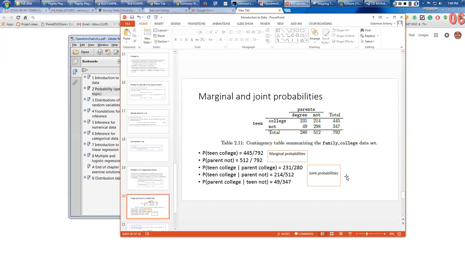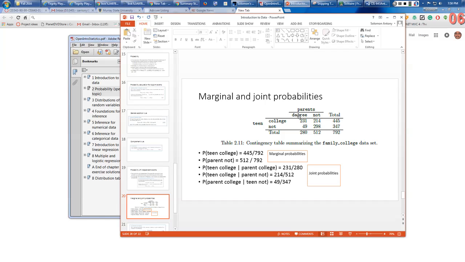Alright, next we go on to a concept called marginal and joint probabilities. Now take a look at this contingency table. This table lists 792 observations, and these observations are classified based on whether the parents of a teenager have attended college or not.